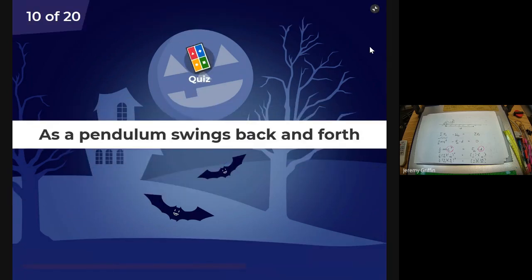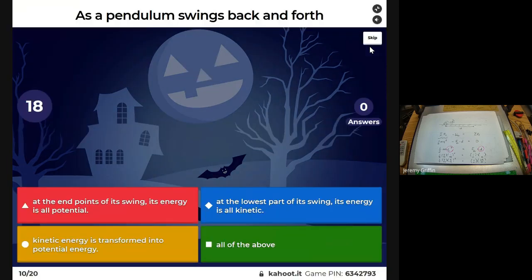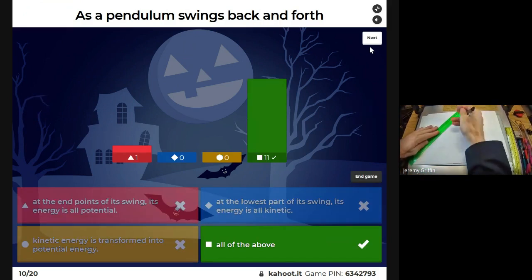As the pendulum swings back and forth. Okay, yeah.